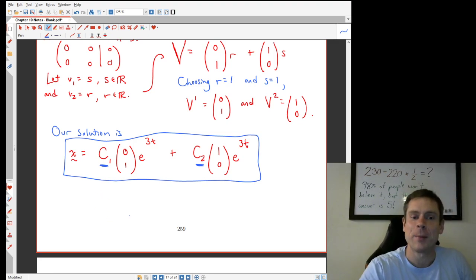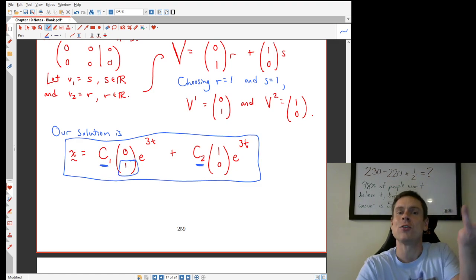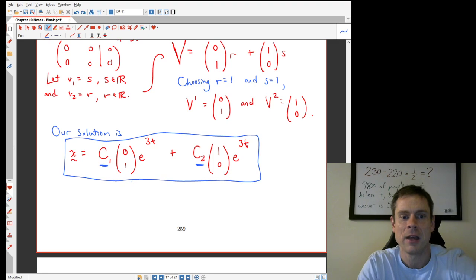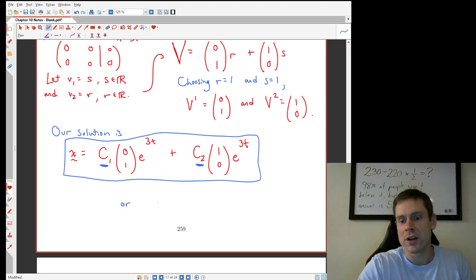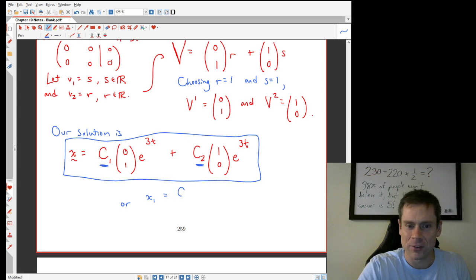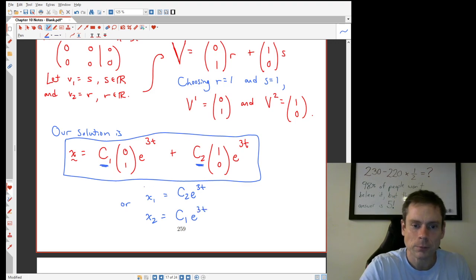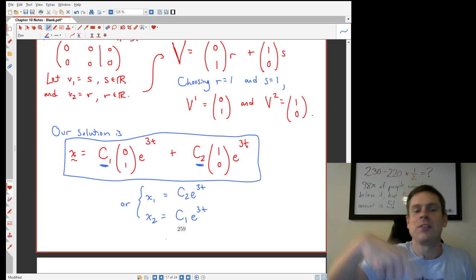The amount of exponential in the second coordinate here, as c1 increases, doesn't increase the amount in the top coordinate, the x1 coordinate. If I wrote this down coordinate-wise, one at a time, we could write x1 equals c2 e to the 3t, and x2 equals c1 e to the 3t. We get two different solutions, each one with its own constant.